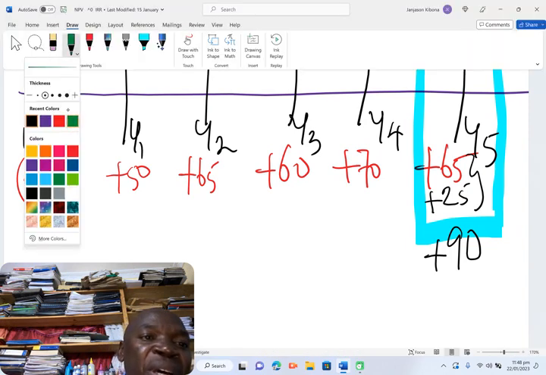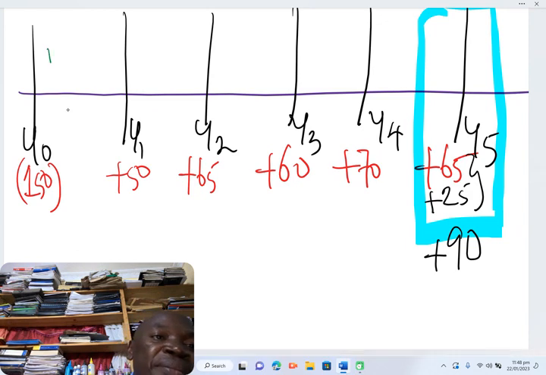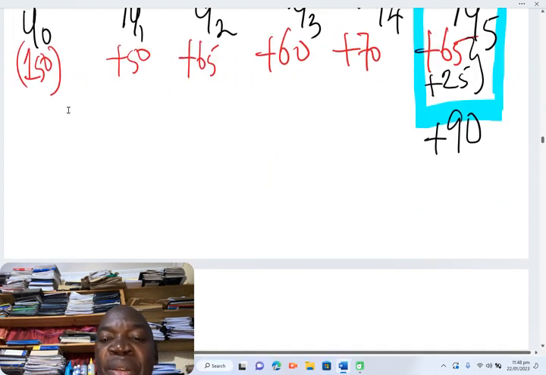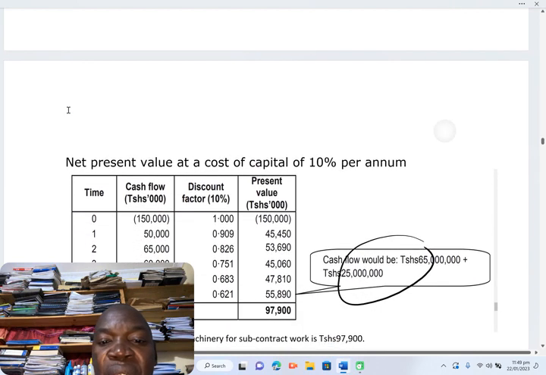The first number is 1 here. The second number is 0.9091, then 0.8264, and 0.7513. Again, we have a series of these numbers, 0.68.